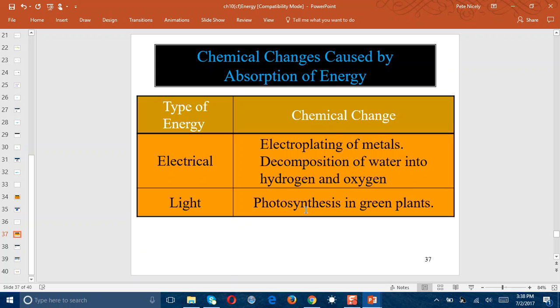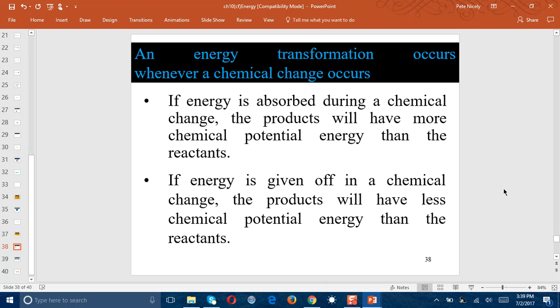That also involves the absorption of energy. In this case, it's the absorption of light energy by the chlorophyll, which is the green stuff you'll find in the leaves of plants. That results in the formation of glucose, which plants use to form starch, basically.